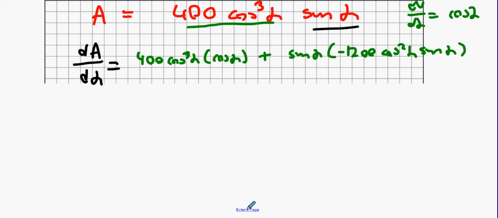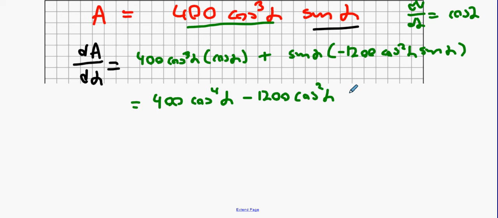Alright, so what we're looking at, and remember, it's about maximums, isn't it? So that's cos 4 alpha, and that's minus 1200 cos squared alpha sine squared alpha.